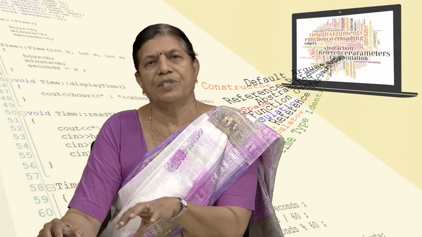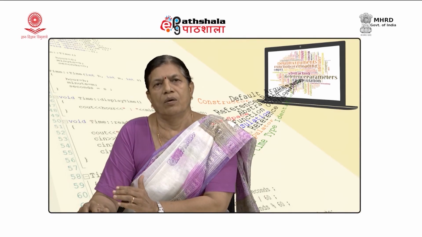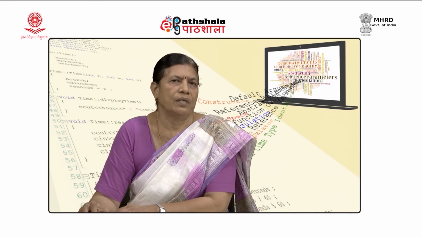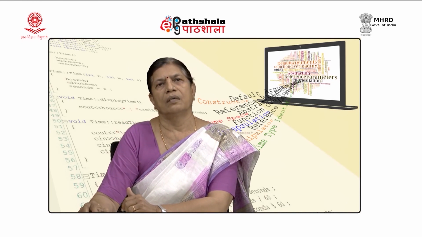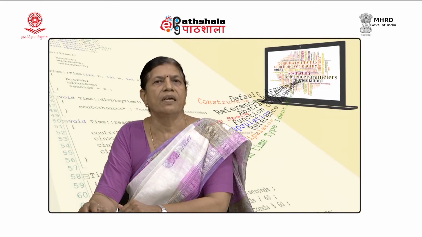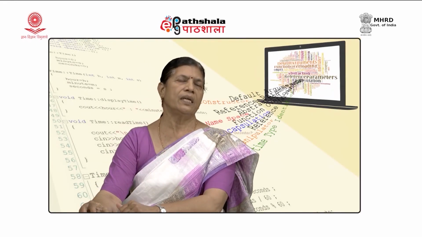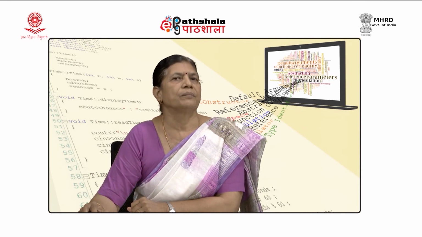When we want to use files, we must include the fstream library into the program, and we should also set the ios::binary flag along with either in, out, or app, or ate, whatever flag we are using. We can use either get or put methods, or read and write methods. Get and put will be used only for single character, whereas read and write can be used for any type of data, maybe single character, maybe structures, maybe objects, maybe numeric, anything, maybe strings.